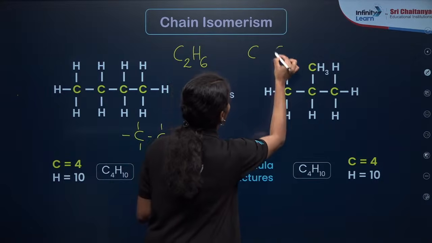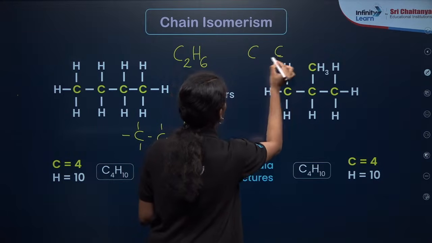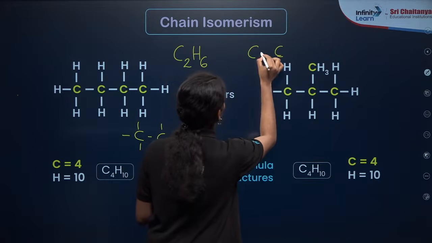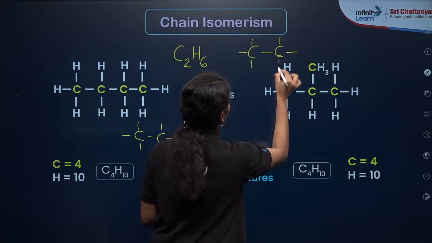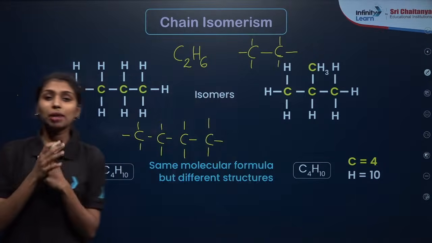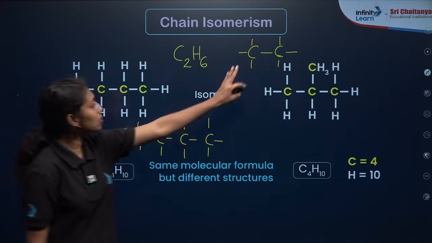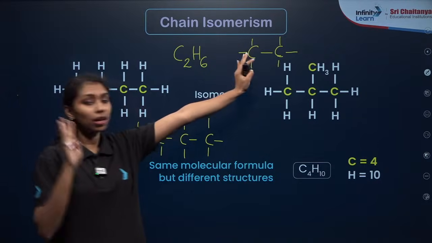So I am writing 2 carbons. We already know carbon has a valency of 4. So we need to satisfy the valency of carbon as 4, right?